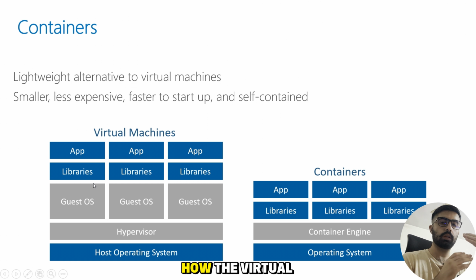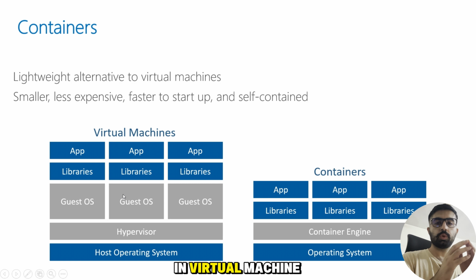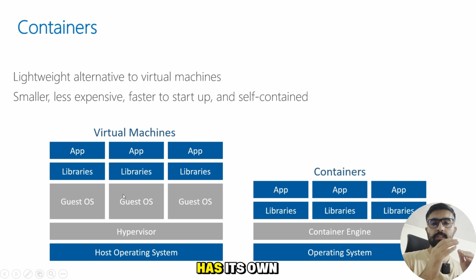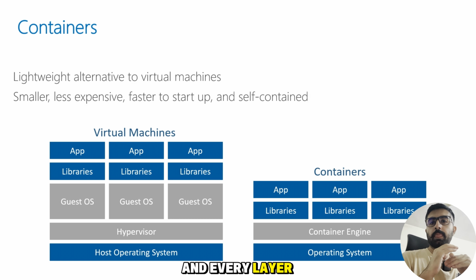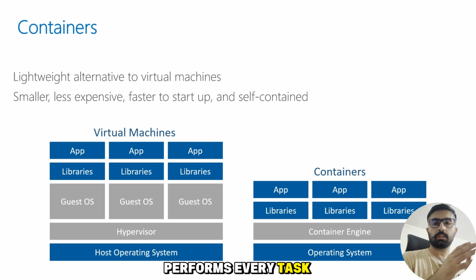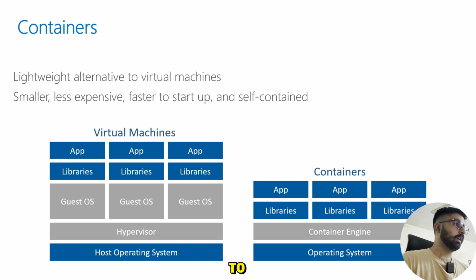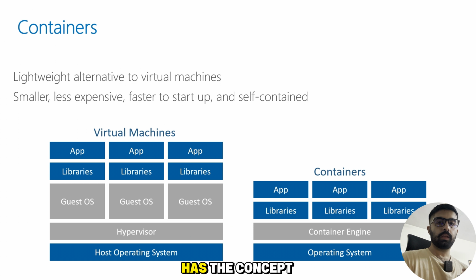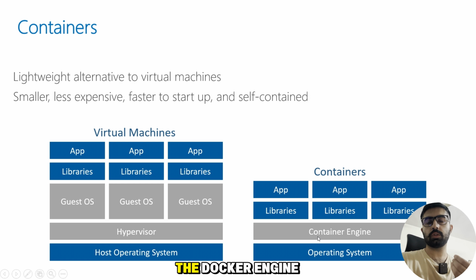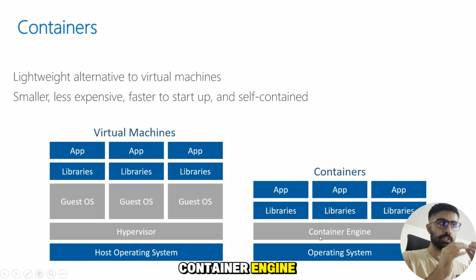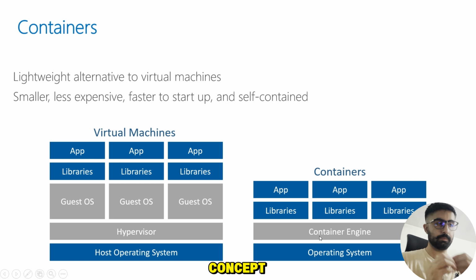In a virtual machine, every layer has its own responsibility and performs the task assigned to it. So a virtual machine has the concept of a hypervisor, and when it comes to containers, Docker containers have the Docker engine, or container engine, concept.